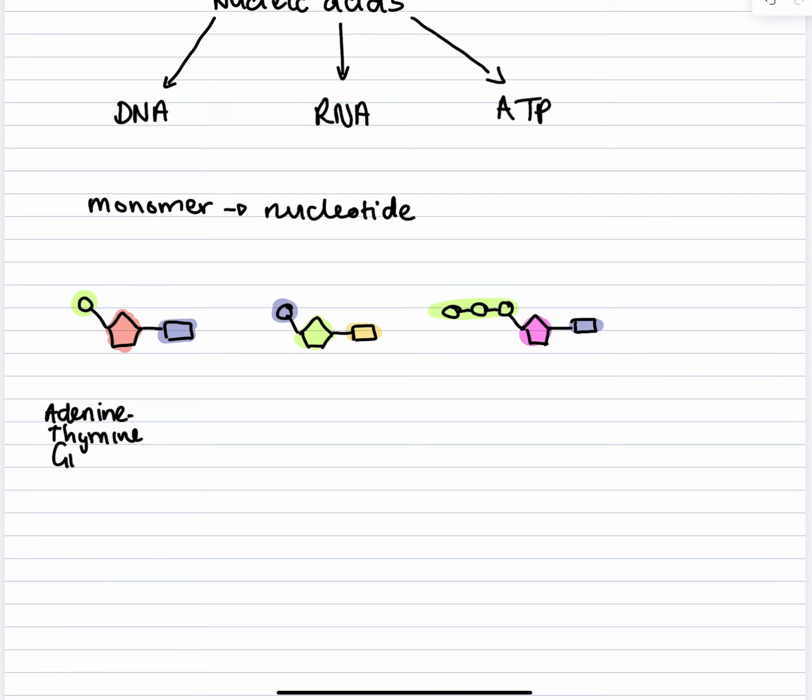DNA is made of 2 polynucleotide strands. Polynucleotide meaning many nucleotides joined together to form a polymer. And if I were to zoom in to those polynucleotide strands, we will see 1 DNA nucleotide, another DNA nucleotide, joined to another.